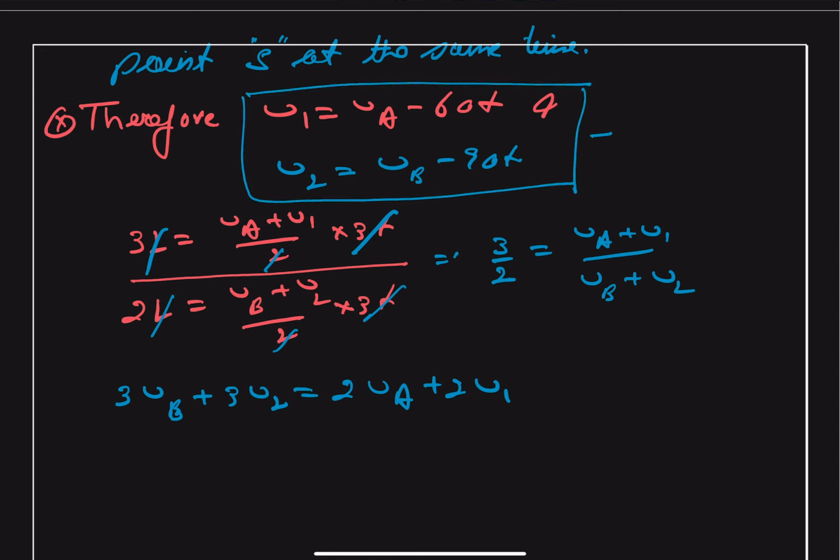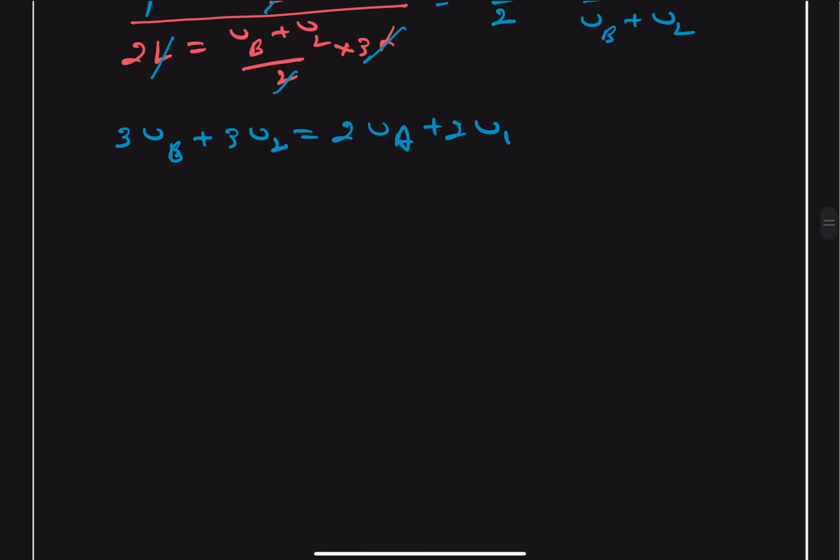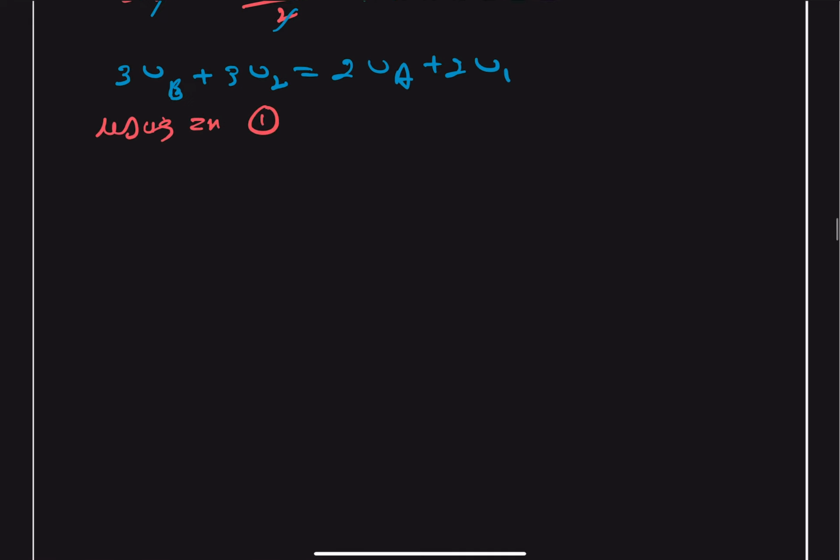Using equation 1, we get 3VB plus 3 times V2, and V2 is VB minus 9AT, is equal to 2 times VA plus 2 times V1, and V1 is VA minus 6AT.